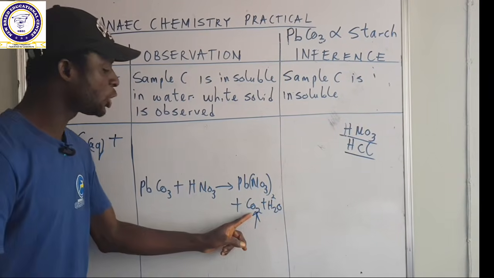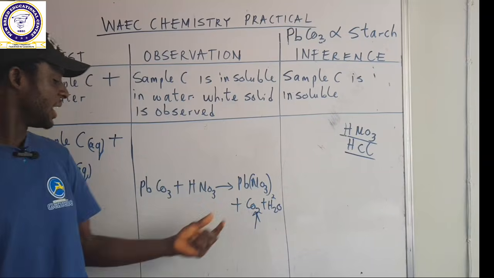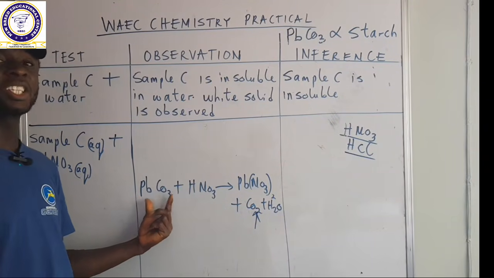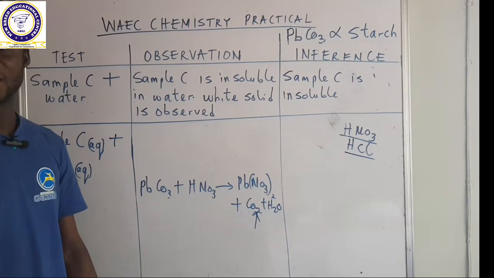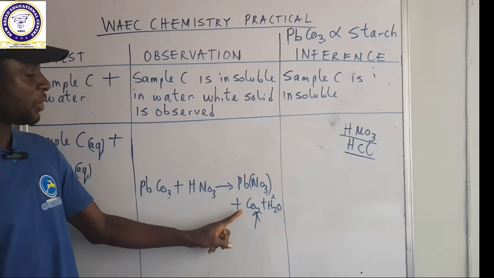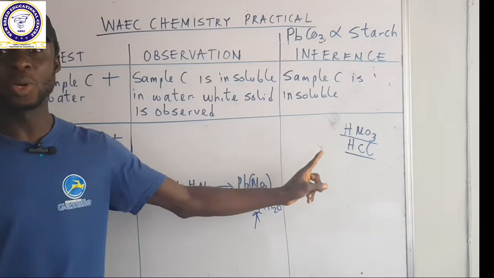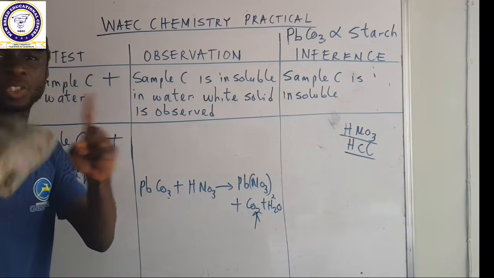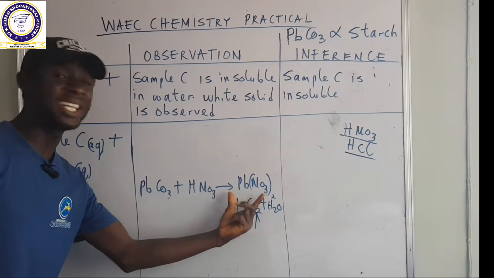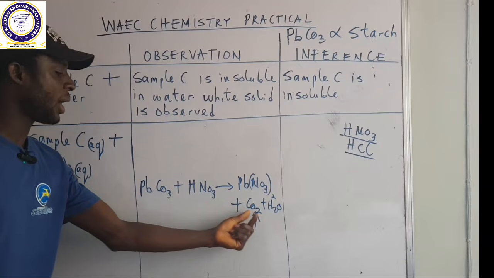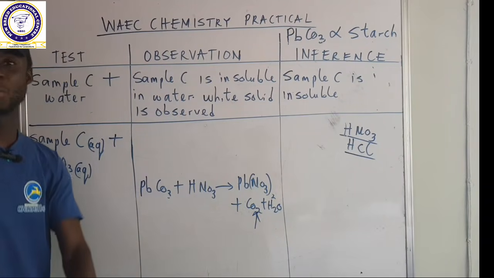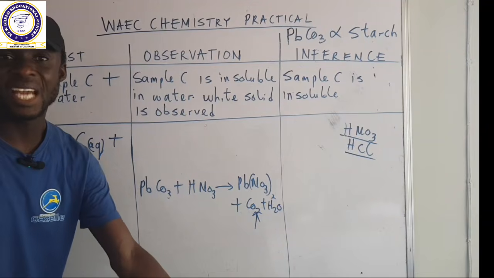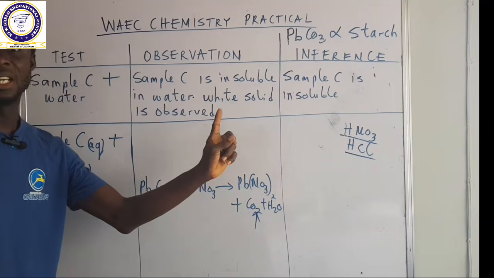And that means that your CO2 gas is liberated because our test sample contains carbonate ion. That means that at this point we are only testing for carbonate ion by this reaction that is taking place. So two things are taking place: our lead is becoming soluble, and our CO2 gas is liberated. That means that carbonate ion is present in that test sample, and that's why CO2 is liberated.